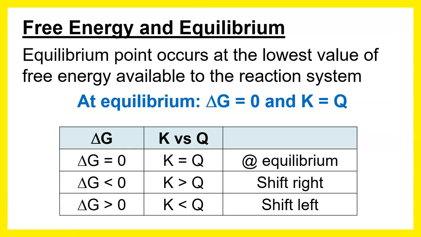You're going to have to shift right, which means the forward direction is favorable, which would have a negative change in G. If you have too many products, if Q is too big, you're going to have to shift left, which means the forward direction is not favorable. Going forward would have a positive delta G.